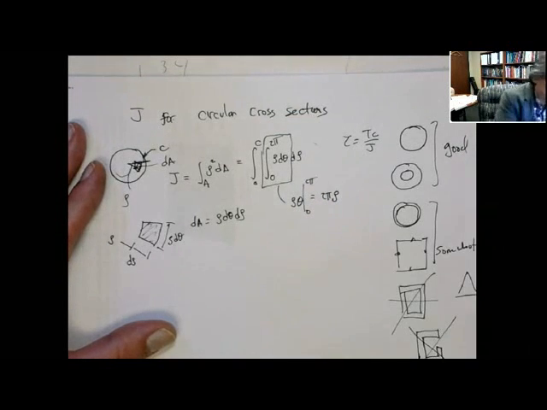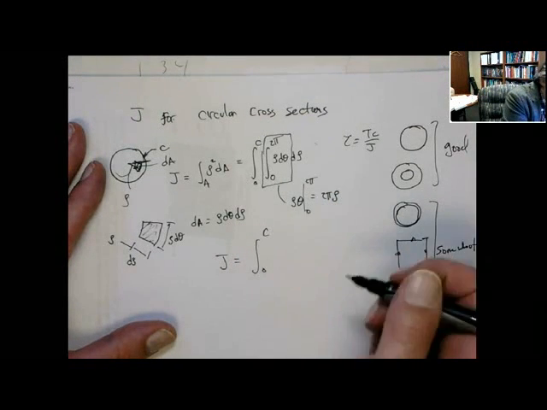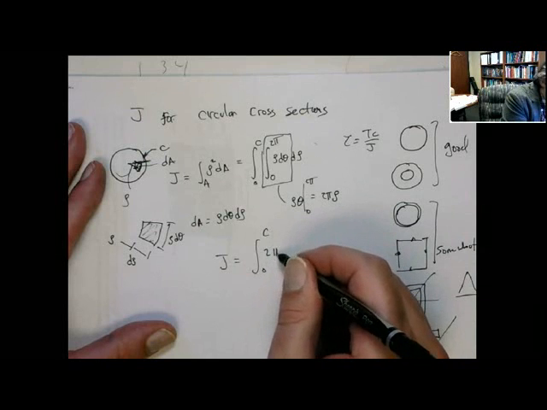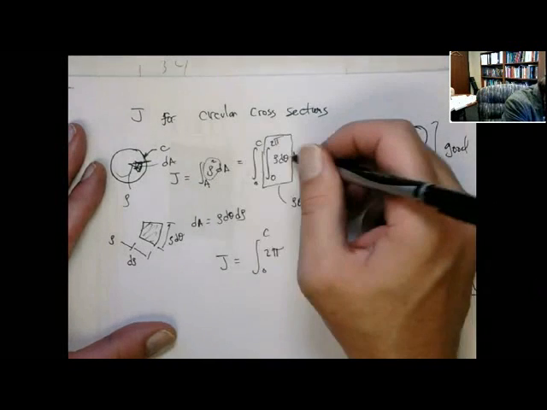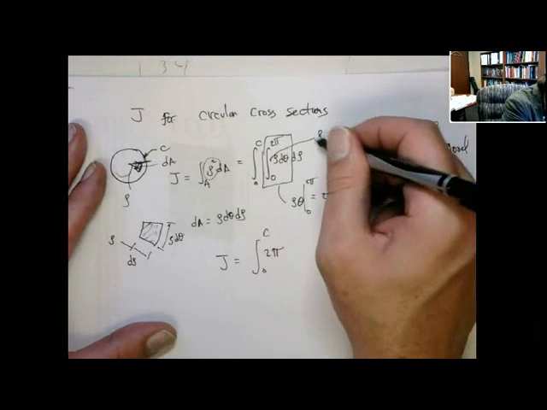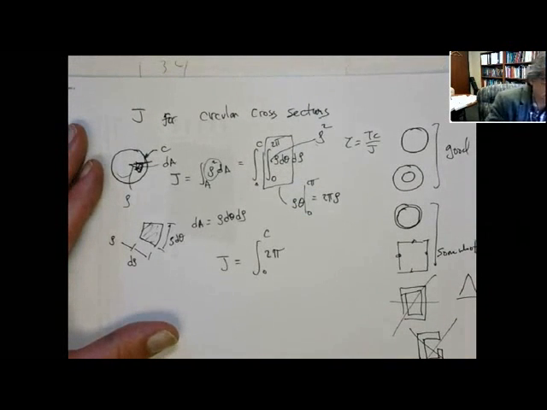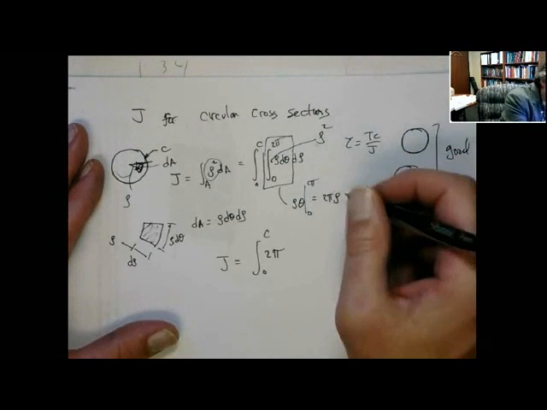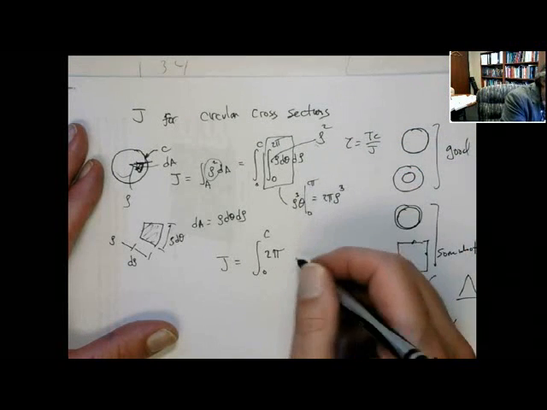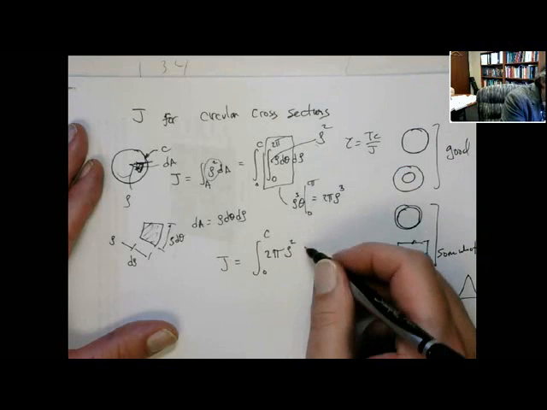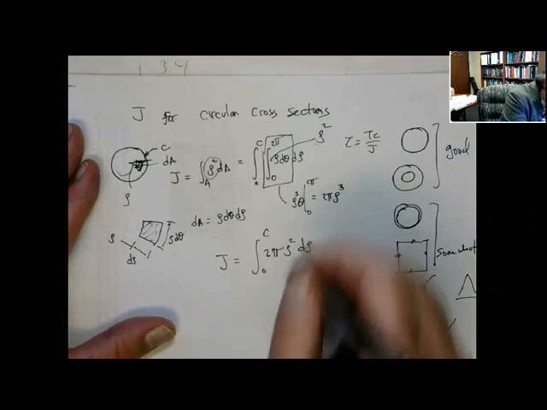Now J is equal to the integral from 0 to c of 2 pi, and I forgot to put in the initial rho squared. So we actually have a rho cubed here: 2 pi rho cubed d rho. Sorry about that.